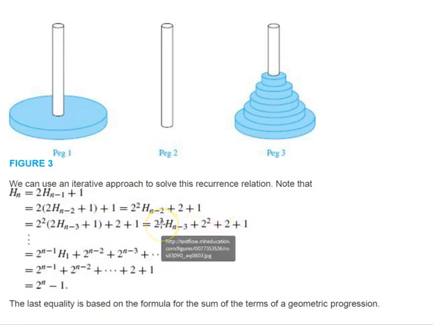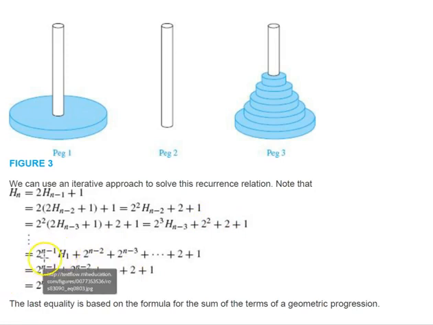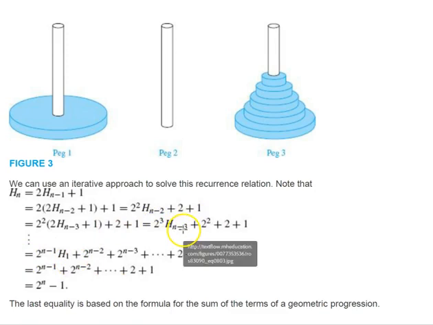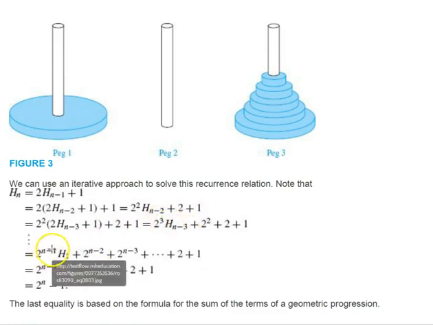Here 2 cubed times h with index n-3, and then consecutive decreasing powers of 2 added. Continuing this way, we'll get 2 to the n-1 times h1. The sum of the indexes here and here is n, so n-1 plus 1 is n.